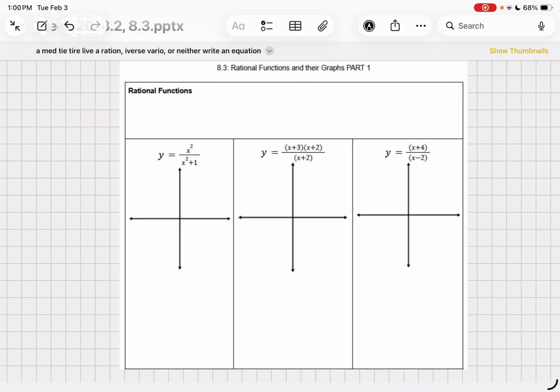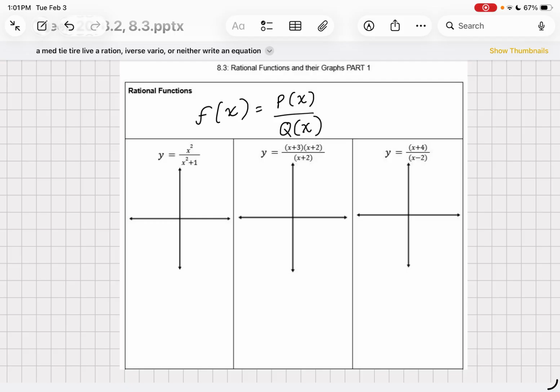Okay, so rational functions, this is a continuation of reciprocal functions. The definition of a rational function is a function that involves division or a quotient. It's a complicated way of saying there's just a fraction involving two functions with an x in the numerator and the denominator.